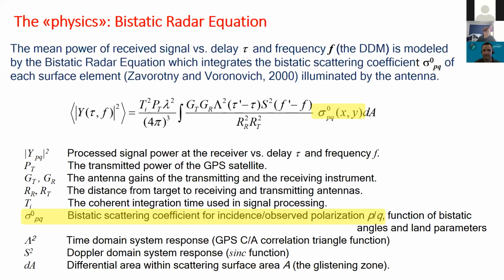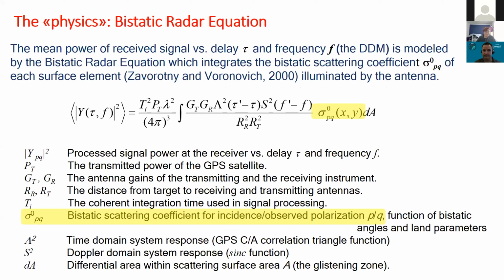SAVERS can simulate the DDM, solving the radar equation for distributed targets, including the impulse response function in delay and Doppler.